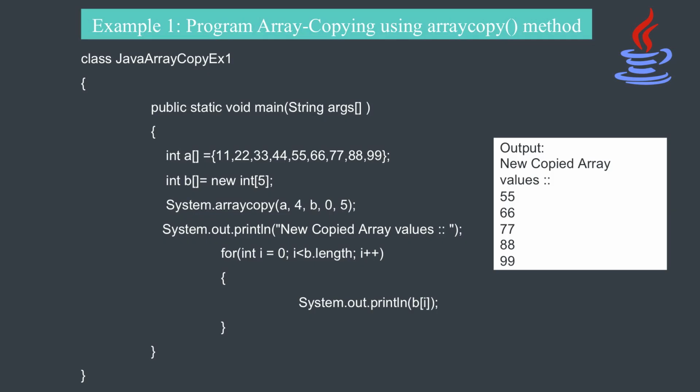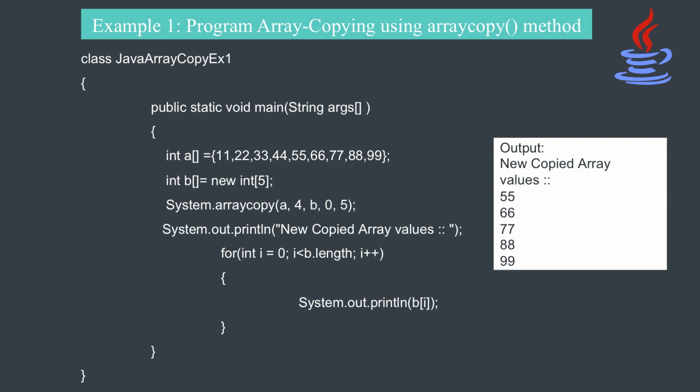So let us understand with the help of an example. Here I am taking an array A with initialized elements 11, 22, 33, 44, 55, 66, 77, 88, 99, a set of 9 elements in total. And I am taking another array B whose size is 5. Here I will apply the System static method arraycopy.